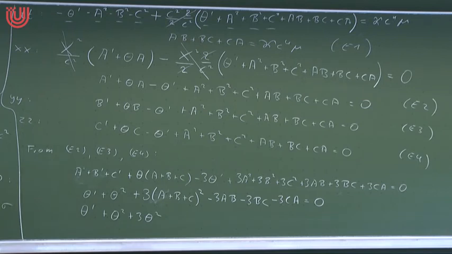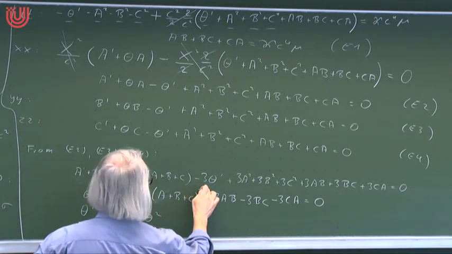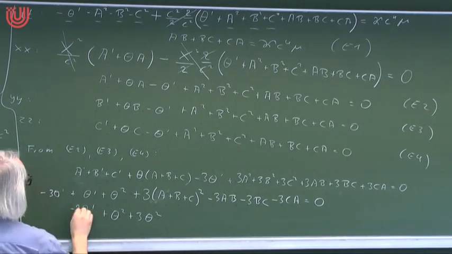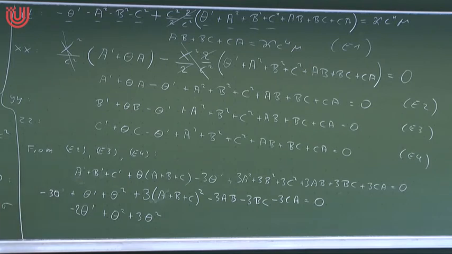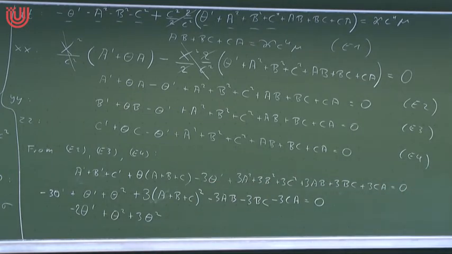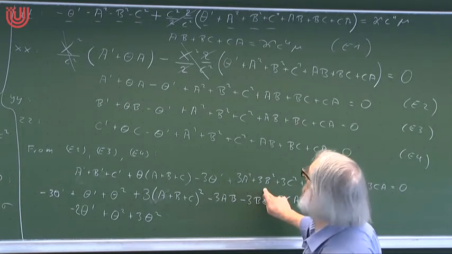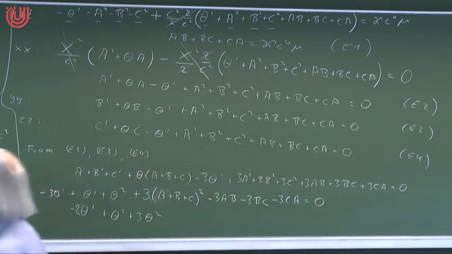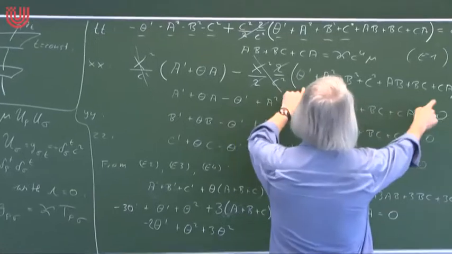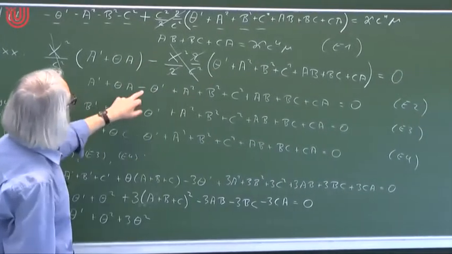Is the sign correct? Let me see. First of all, I forgot this one here, so let me write it here. So then I have minus 2, 3. Is the sign here incorrect? Let me see. Yes, you see, here's a minus sign in front of the bracket, and I overlooked this minus sign.